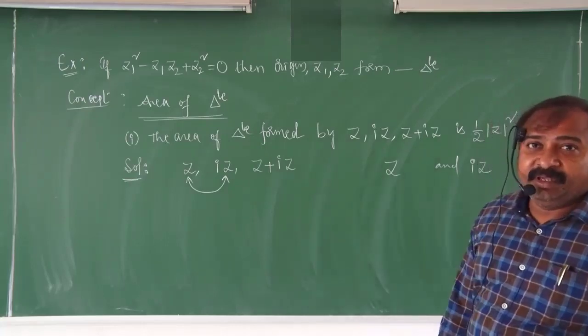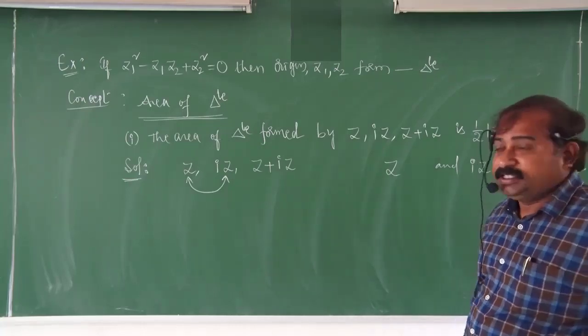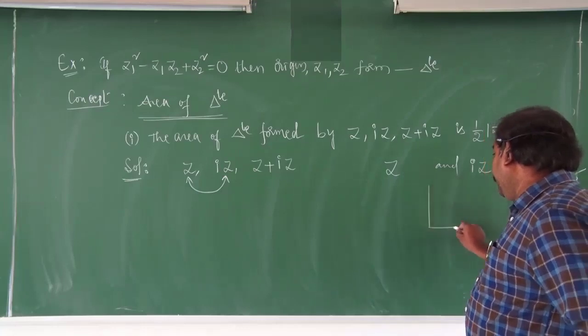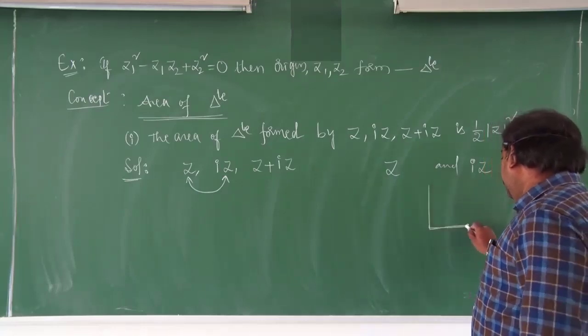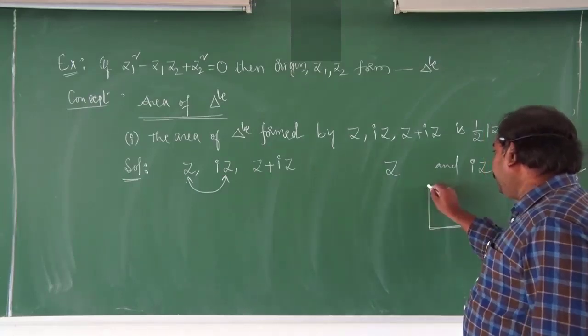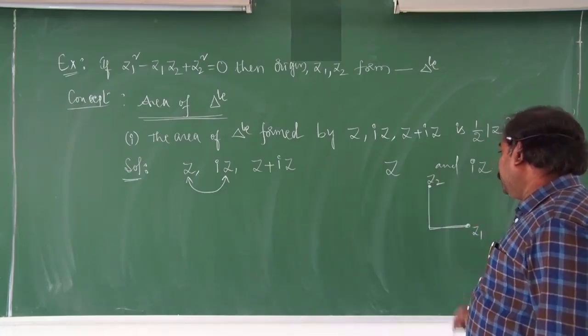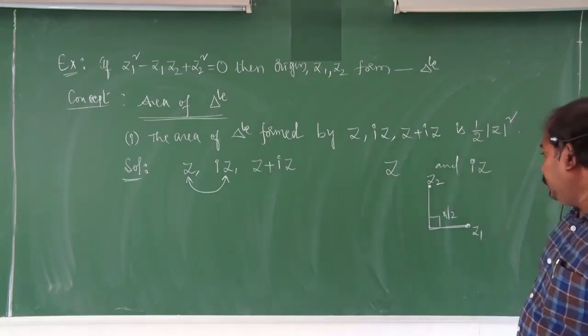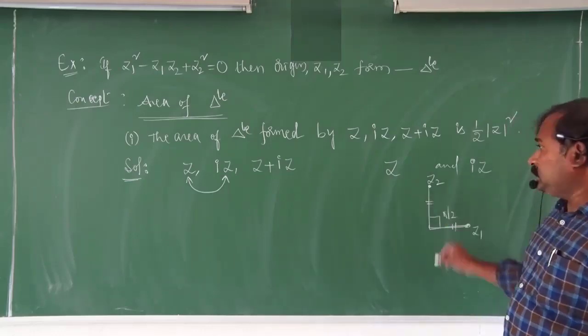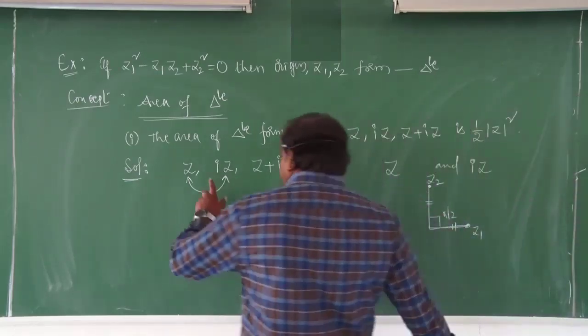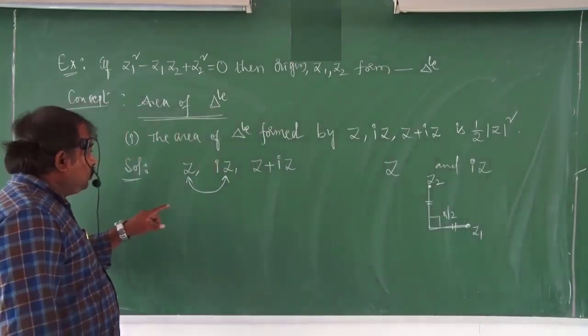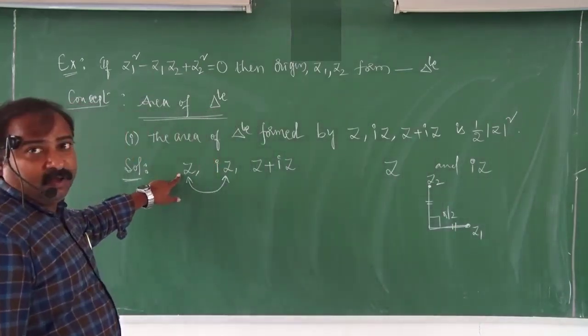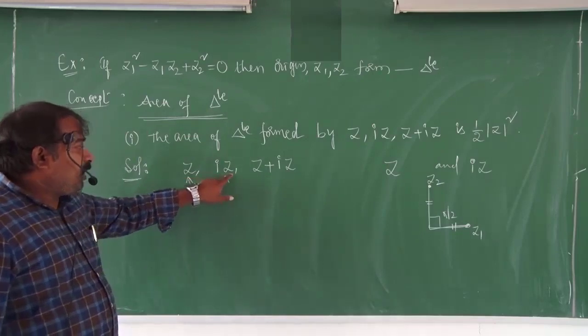The angle between them is 90 degrees. Simple logic, ma'am. Here, if you take one complex number z1 and let this be z2, and here it is pi by 2. Since here if you observe, z and iz, what is the modulus of z? The modulus of iz is also the same, right?